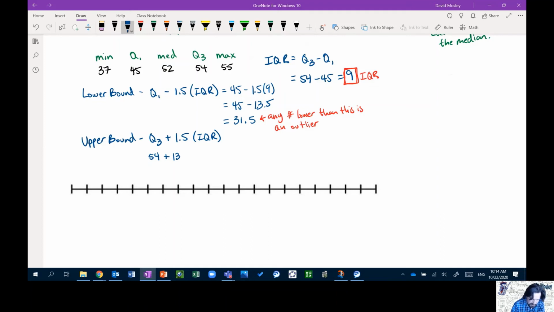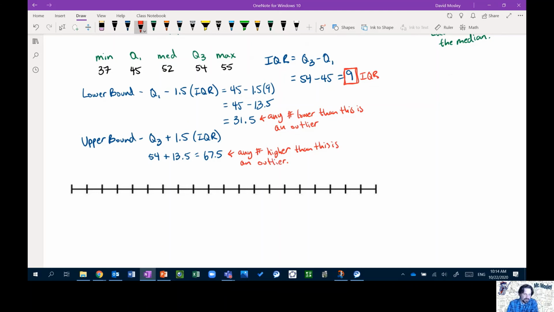We already know what 1.5 times IQR is. And that will be 67.5. I always like to check my work. Yep, 67.5. And so again, that tells us that any number higher than this is an outlier.